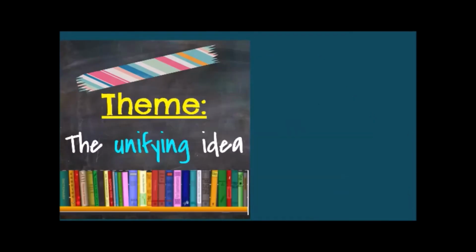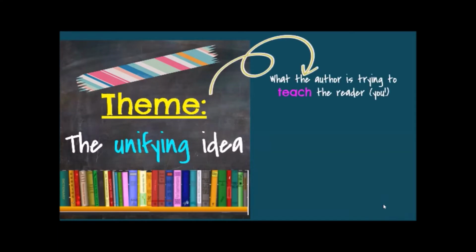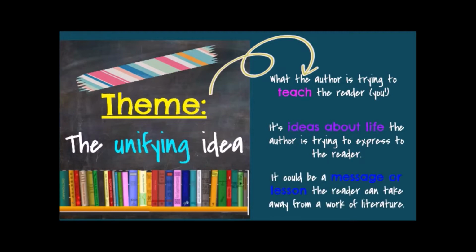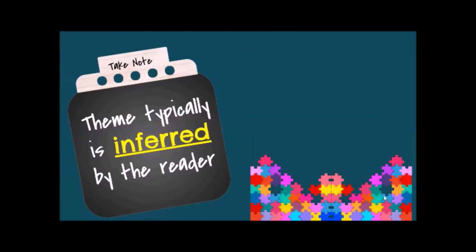So the first thing is theme is a unifying idea. Now, the theme is what the author is trying to teach us. Could be ideas about life the author is trying to express to me as the reader, or it could be a message or a lesson that the reader can take away from a particular piece of literature.